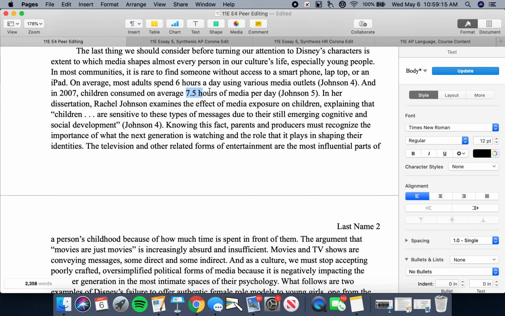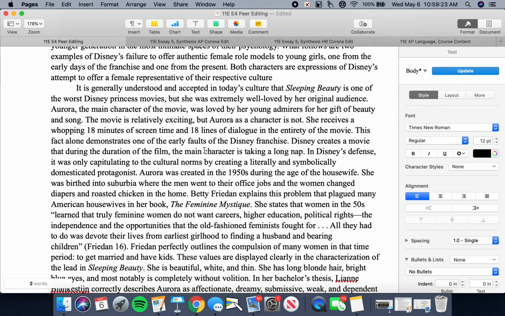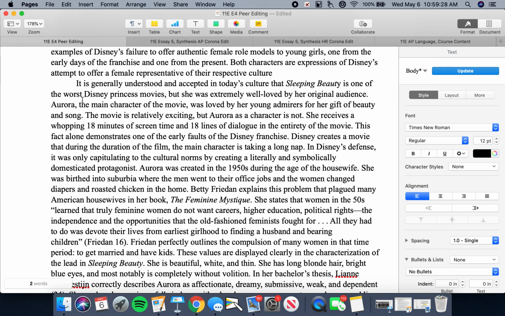She essentially establishes the level to which students are exposed to media on a daily basis, and then gets into an analysis of how Disney has been misusing or misunderstanding their role in shaping young girls' understanding of themselves.